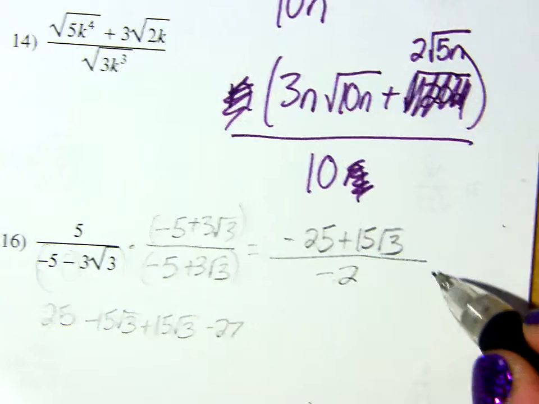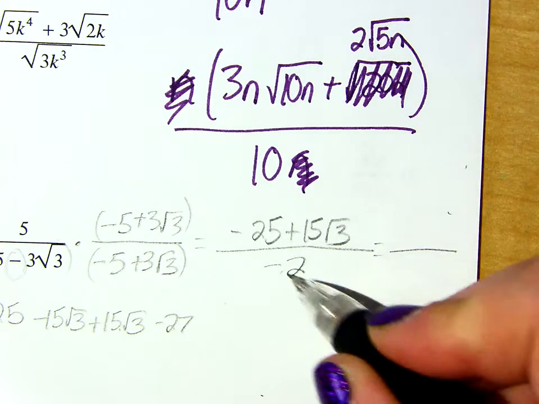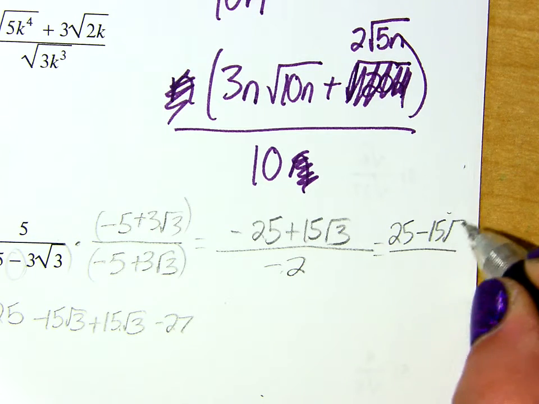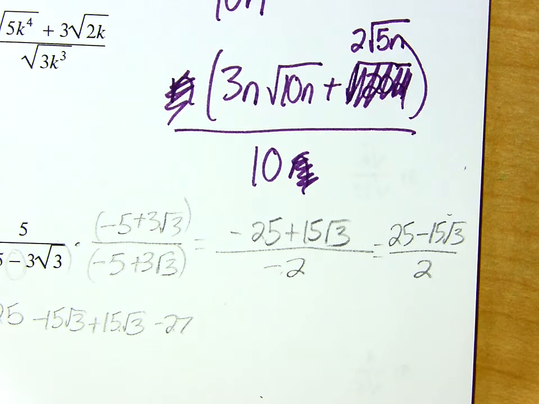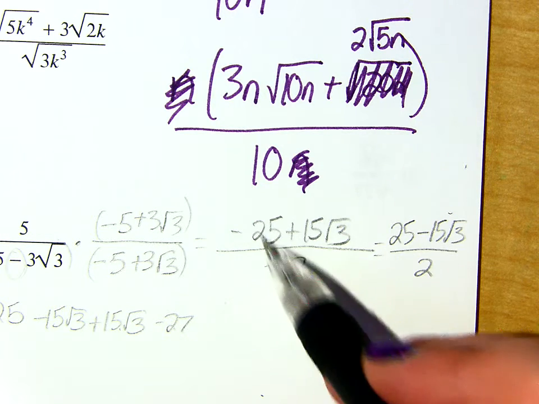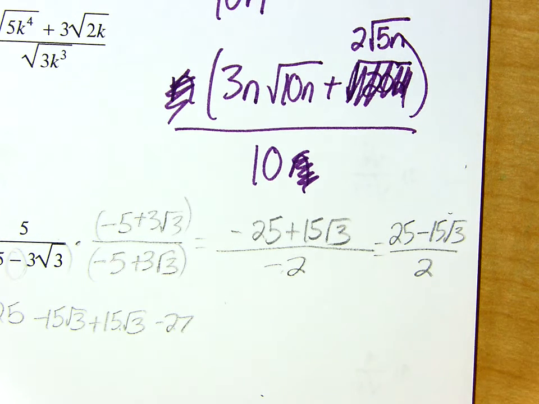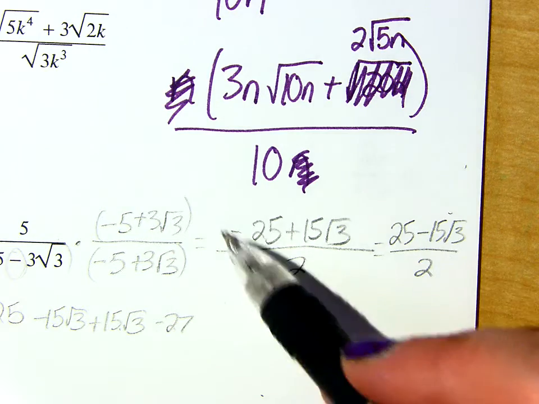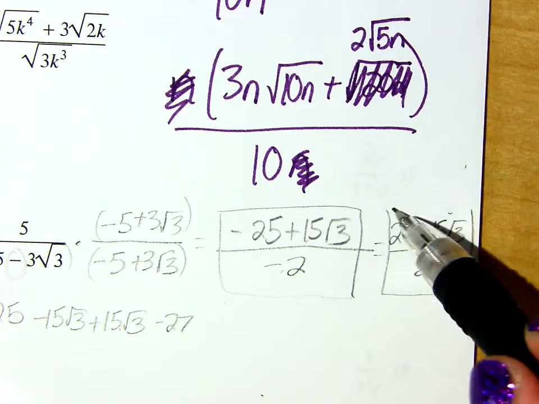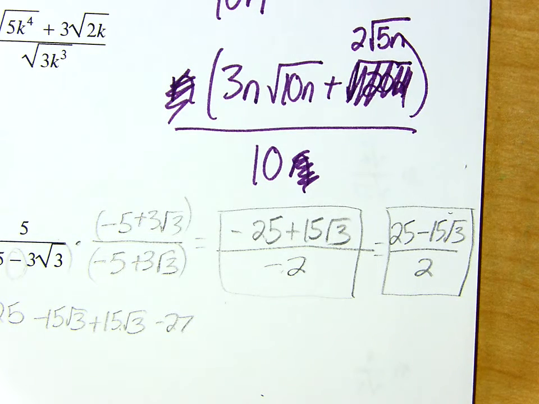So an equivalent answer to this would look like this: positive 25 minus 15 root 3 over a positive 2. They are totally the same. They just took the negative out, but you have to divide it into both things on top. All right, but these are the same exact thing. I don't care which one you give me. I just need you to be aware multiple choice could look like this instead.